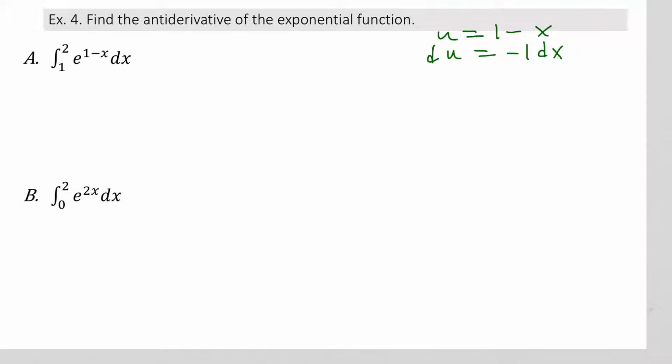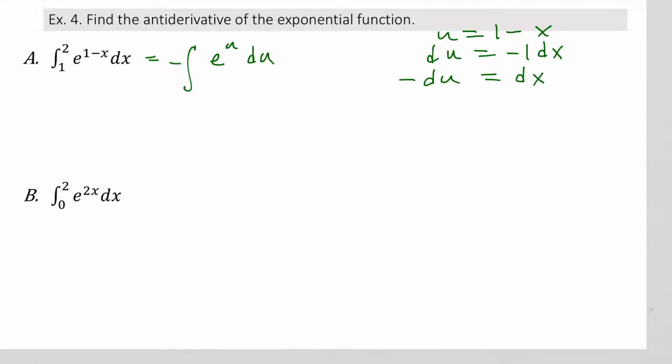Now I look over here and I don't have a negative, I just have a positive dx, so I know I'm going to have to say negative du is equal to dx. So the form of my integral so far is e to the u, negative in front, du.